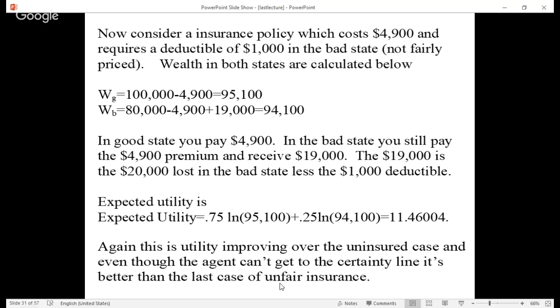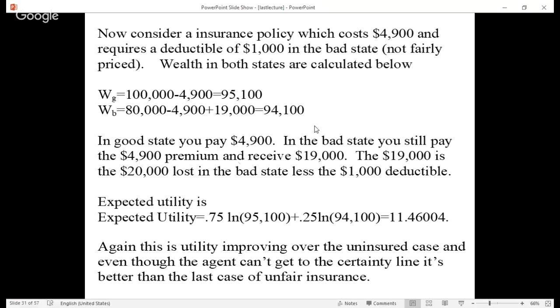So in the good state, I'll get $95,100. In the bad state, $80,000 minus my insurance premium of $4,900, plus they give me $19,000, so I end up with $94,100.